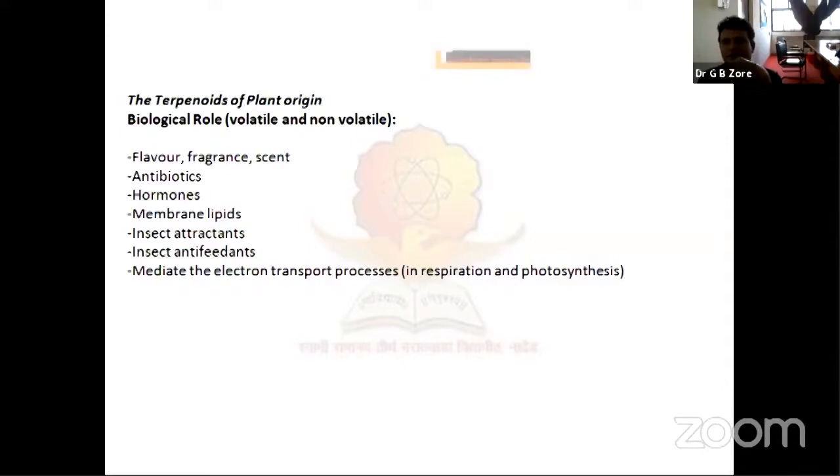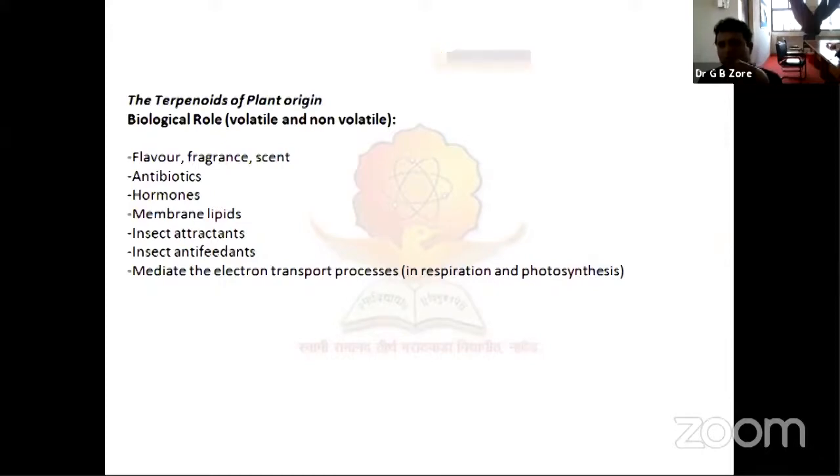So that's how plants have provided a storehouse of different molecules and drugs for the treatment of various diseases. How these molecules have different biological activity and show pharmacological properties, we will discuss.